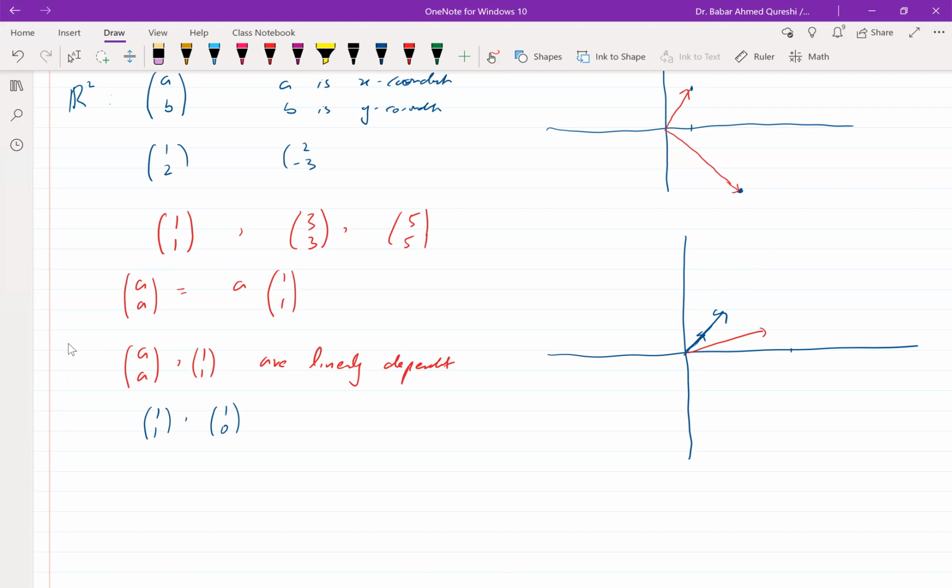It's quite obvious. Intuitively, you can never make, by scaling them and adding them, a 0 out of these two. So these are linearly independent. If I consider R3, so I have this axis as well, the z-axis.